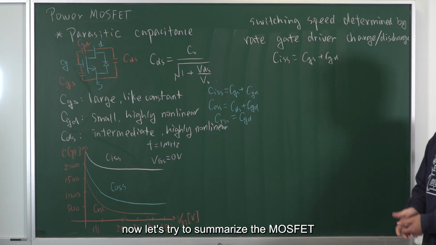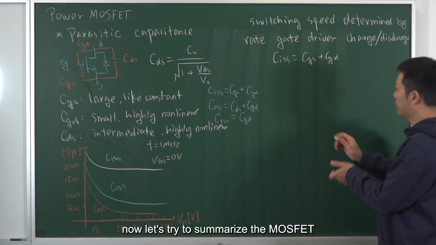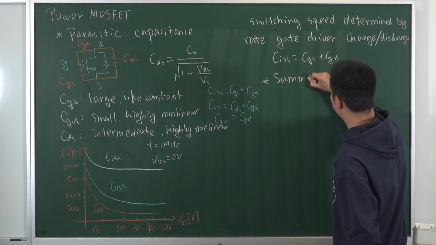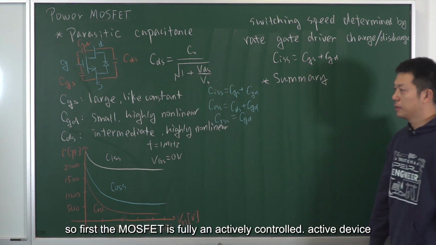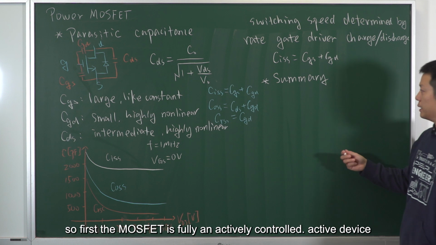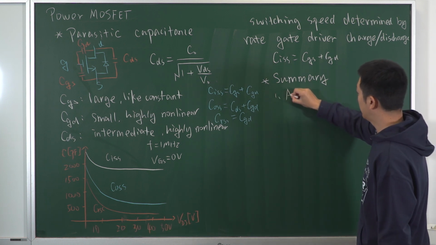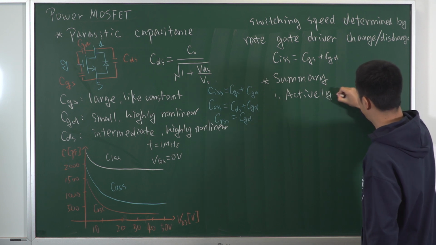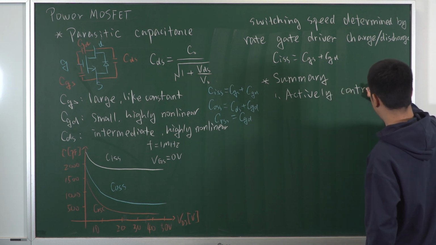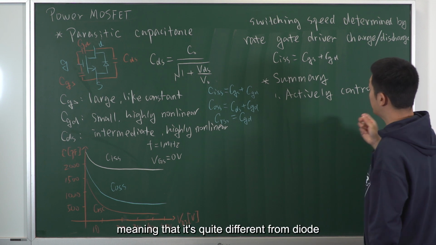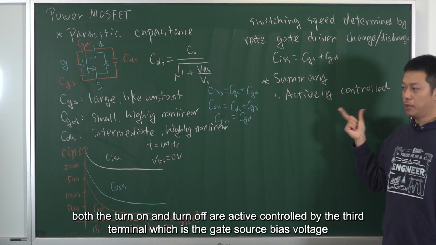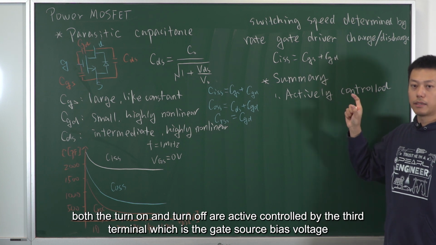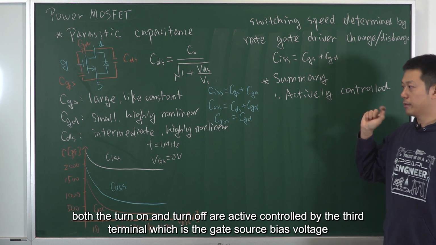Okay, now let's try to summarize the MOSFET. So first, the MOSFET is a fully actively controlled device, meaning that it's quite different from a diode. Both the turn on and the turn off are actively controlled by the third terminal, which is the gate source bias voltage.